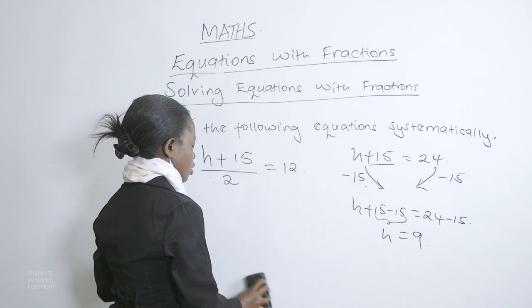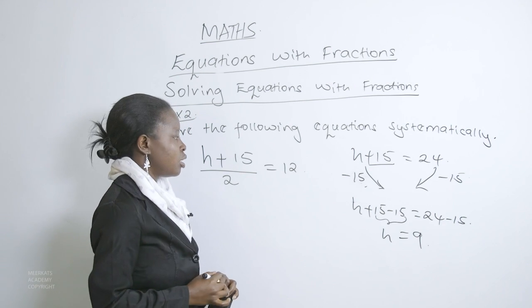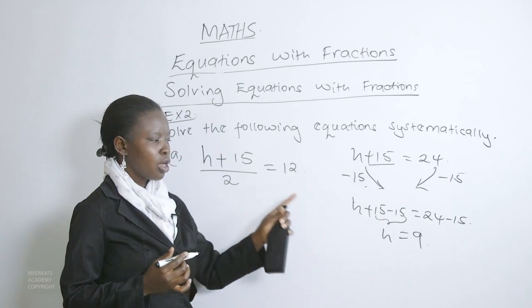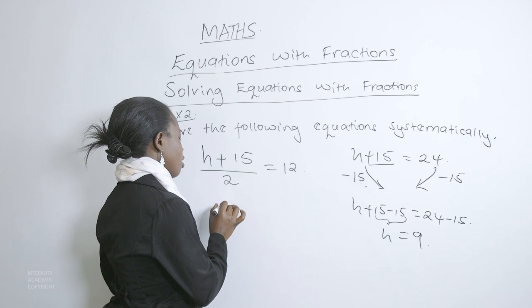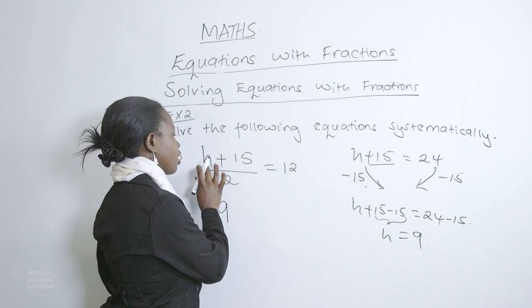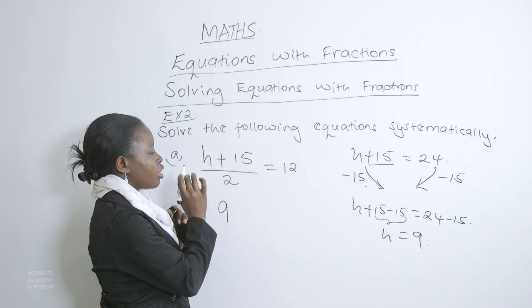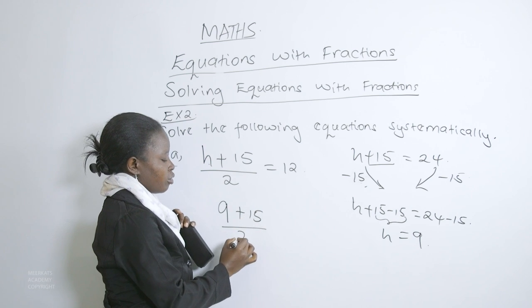So we need to substitute to confirm our answer, and this is what we are doing. In the equation, the point where we have h, we are substituting it with 9. This is h plus 15, so we will have 9 instead of h, plus 15, divided by 2.